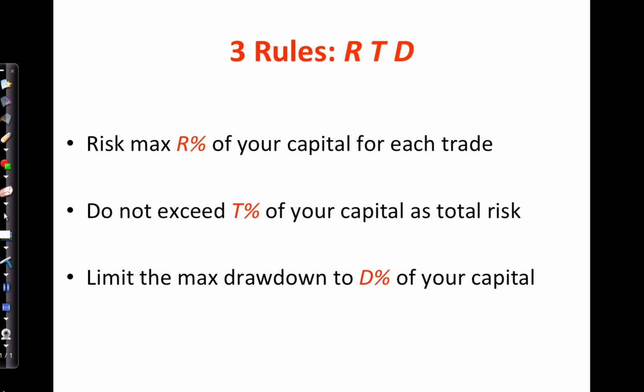And this is strictly related to the position sizing, because when we decide the risk per trade, we also know how many shares to buy. The second one, T, refers to the total risk of our portfolio. And the last one, D, refers to the maximum drawdown that our portfolio can take.